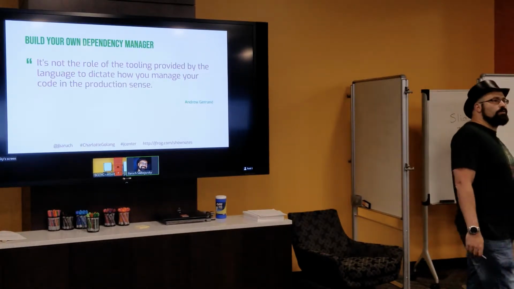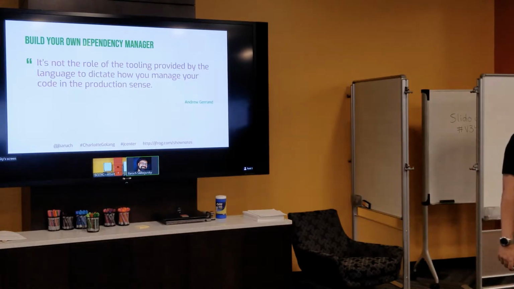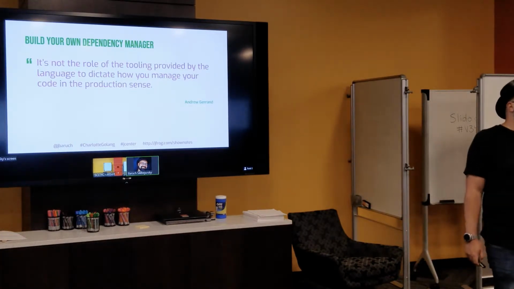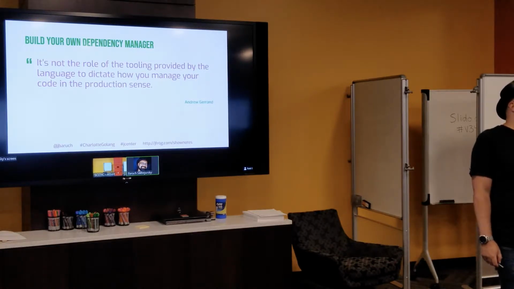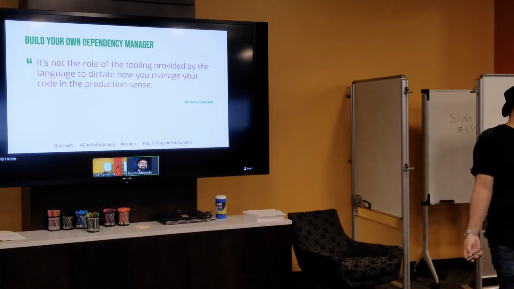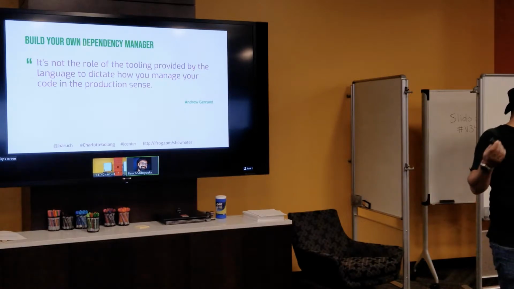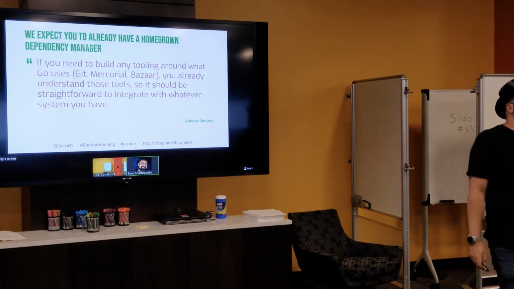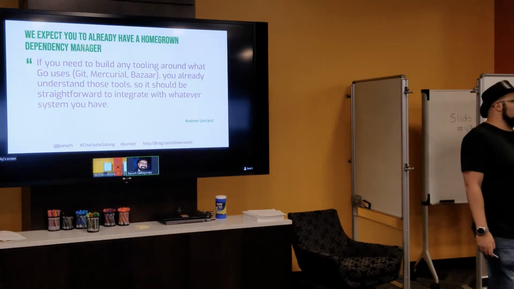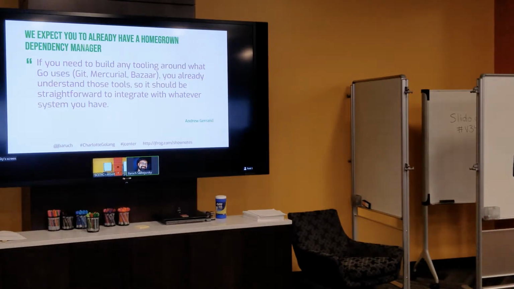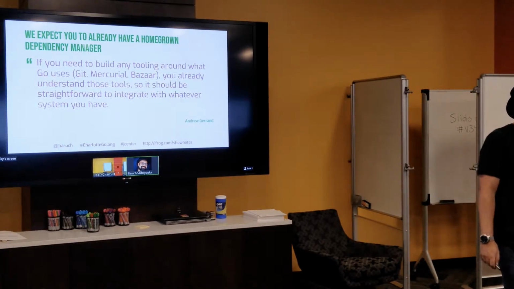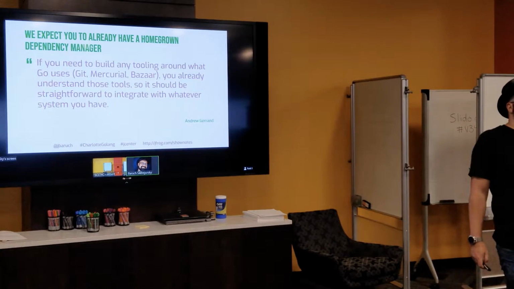Or here, Andrew Gerrand says, build your own dependency manager. It's not the role of tooling provided by the language to dictate how you manage your code in a production sense. We're not going to build a dependency manager for you. And here he keeps saying, okay, use something that's already there, like, for example, Git, Mercurial, or Bazaar.